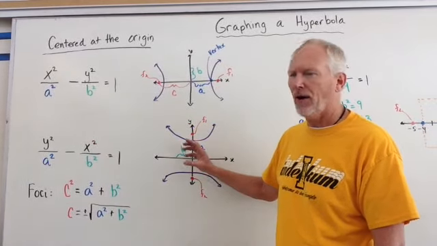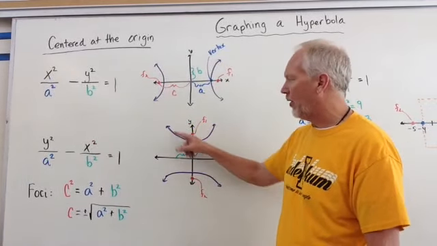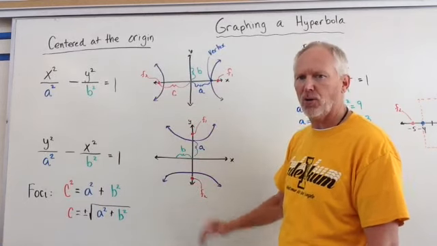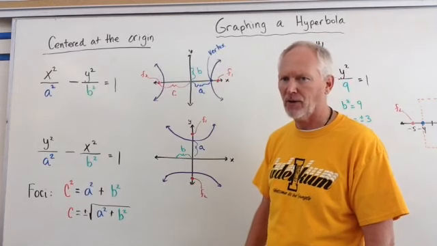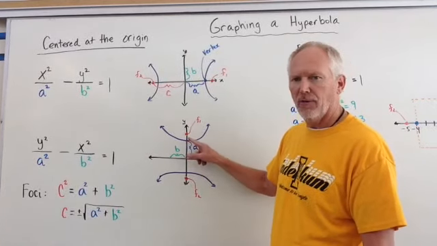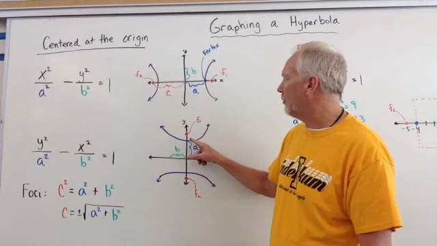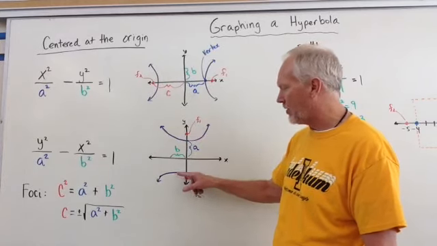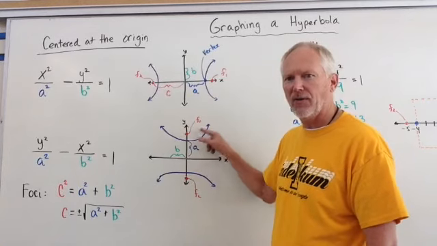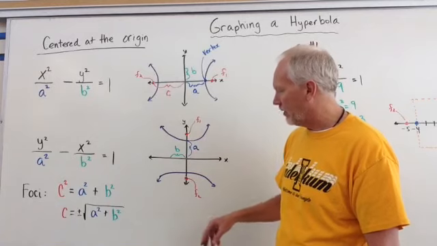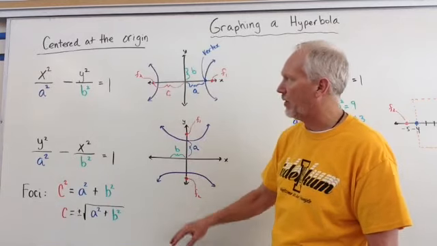If we have y out front, now we're in the y direction, so our branches will go up in the y direction or down in the negative y direction. All right, and that's the basic format. Again, you've got a vertex here and a vertex there. Your focal points will be tucked inside this little bowl, if you will, but away from the center, the origin, 0, 0 here.